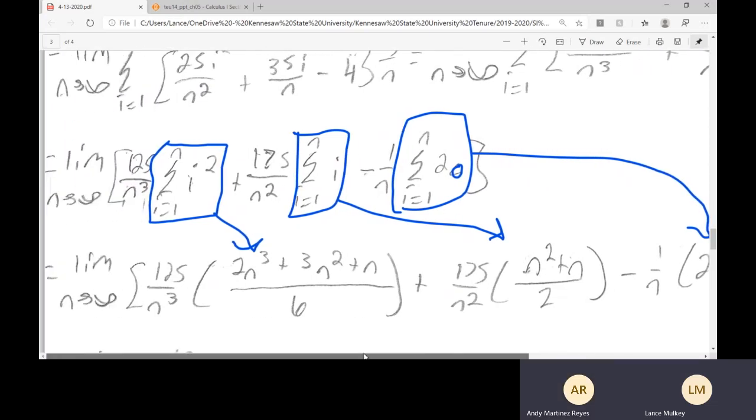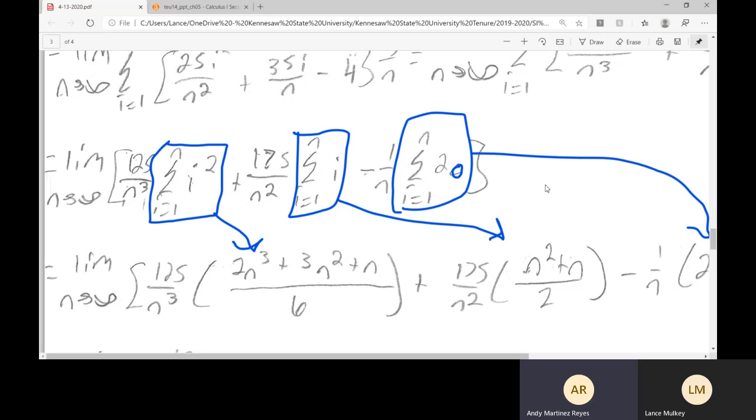I switched the denominators. Yeah, you can switch these denominators, but not in between these signs right here. So 125 over 6, 2n cubed plus n squared plus n over n cubed. I have to simplify that even further. Plus 125 squared, 1 plus 1.